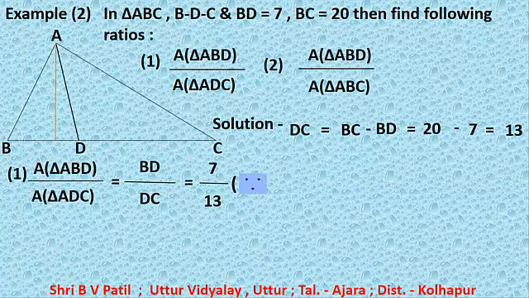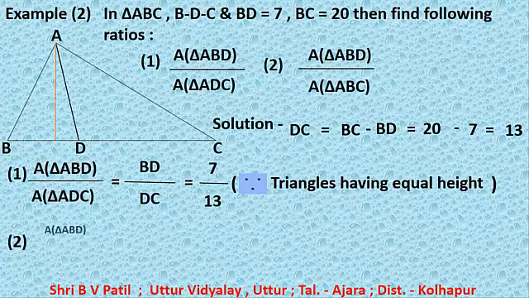Second asking question, area of triangle ABD divided by area of triangle ABC is equal to, for first triangle ABD base BD and for triangle ABC base BC, we get height from A, that is equal height. Therefore, areas ratio proportional to their bases.